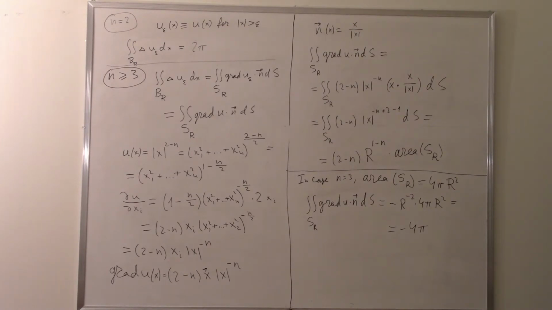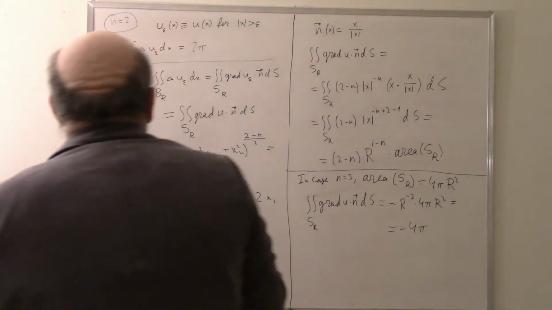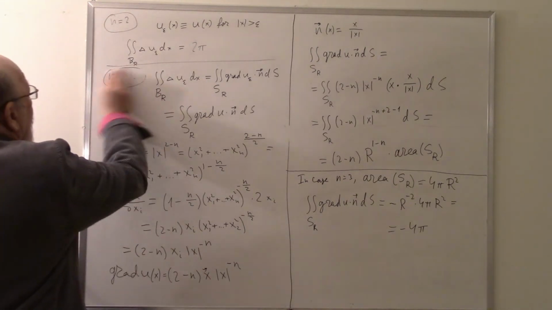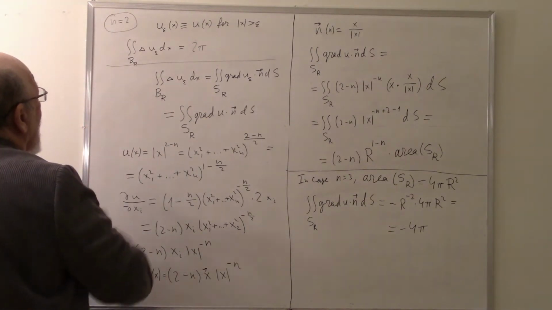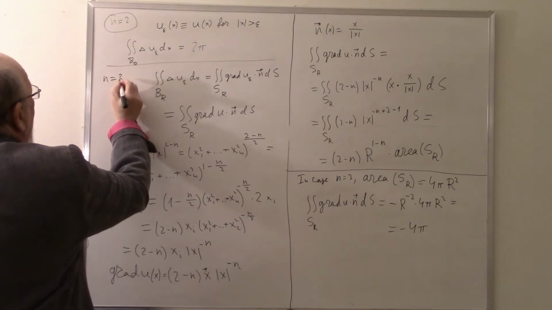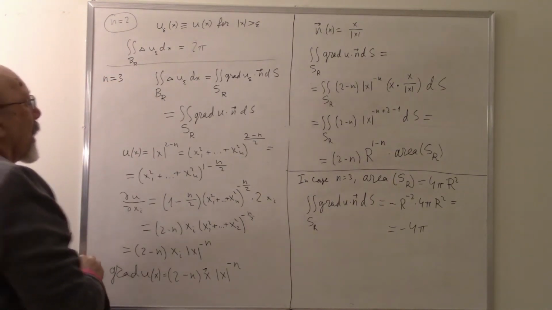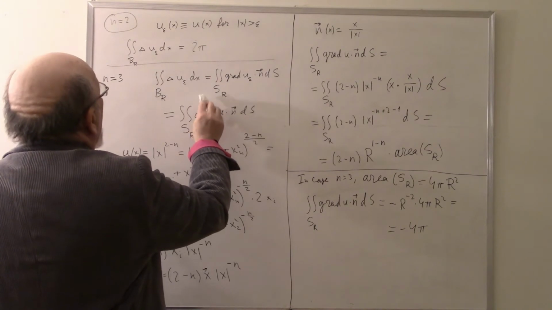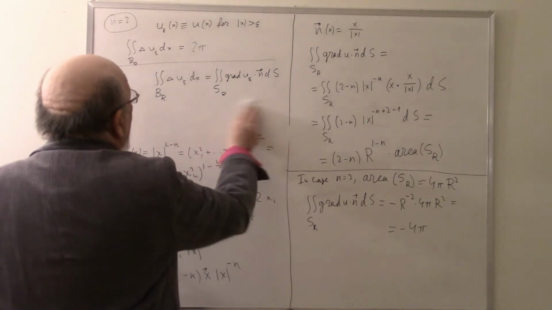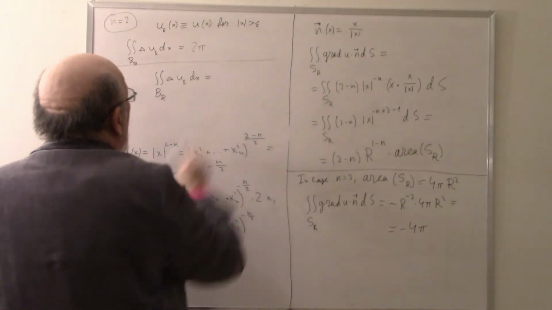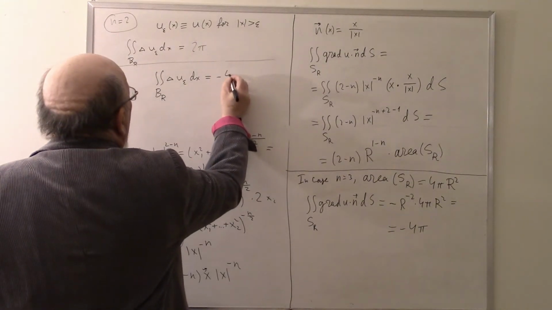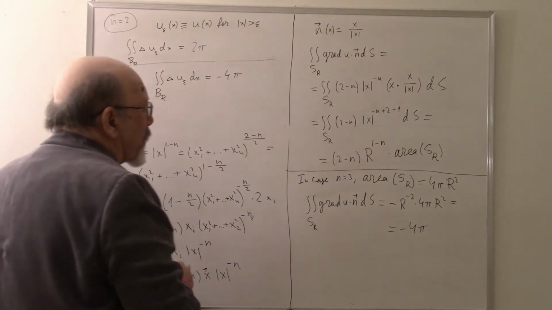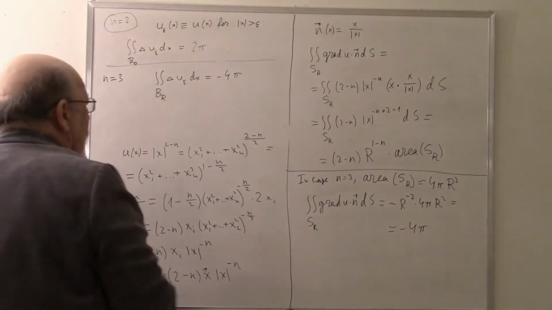So why is it plus there and minus here? Okay, it is a fact of life. So for n equals 3, this equals minus 4π.